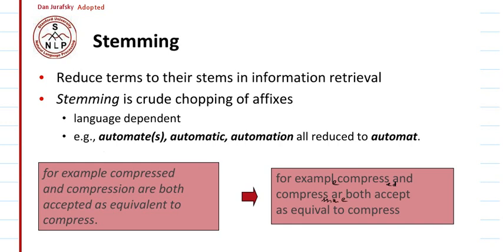Both are accepted as equivalent to compress again, right? So this is all stemming. We have done it by some rules. I am just cutting off some end part of the word and trying to make it into the base form.